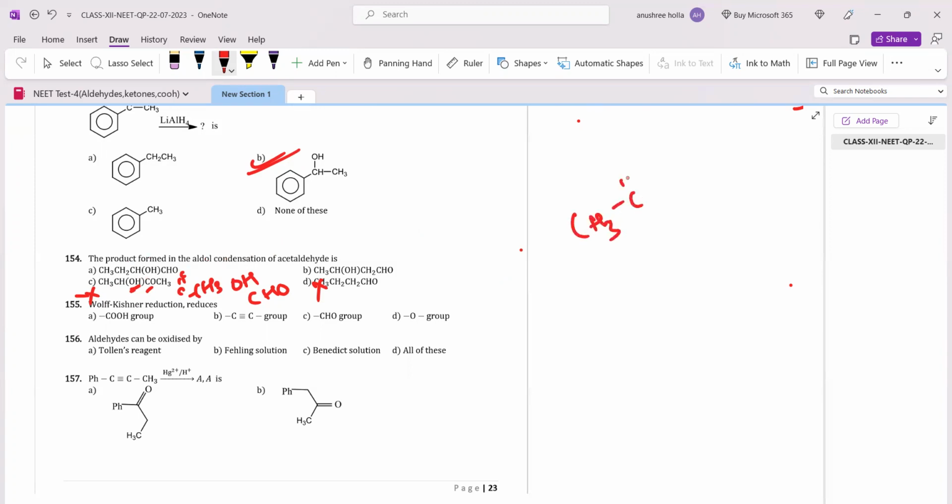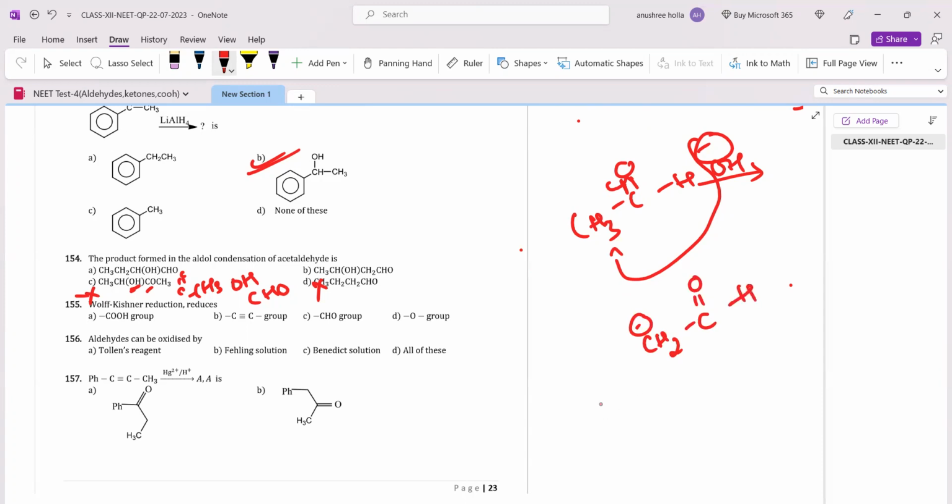Acetaldehyde is this. In aldol condensation, we'll be adding a base. This base will abstract this acidic hydrogen, or alpha hydrogen. So you'll get CH2 minus CHO. This will react with another molecule of acetaldehyde.